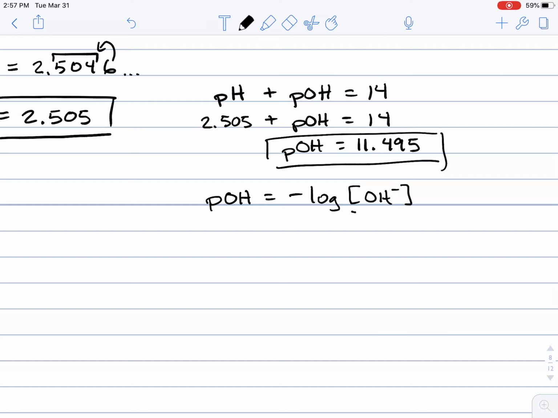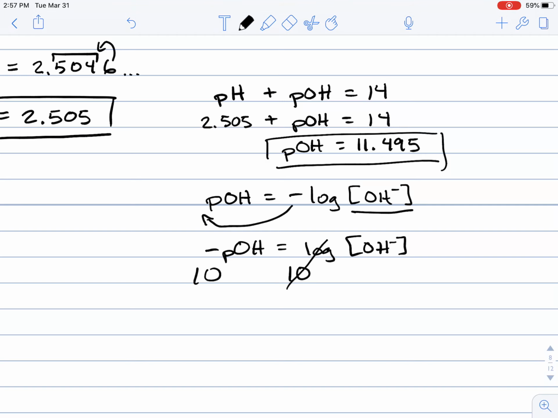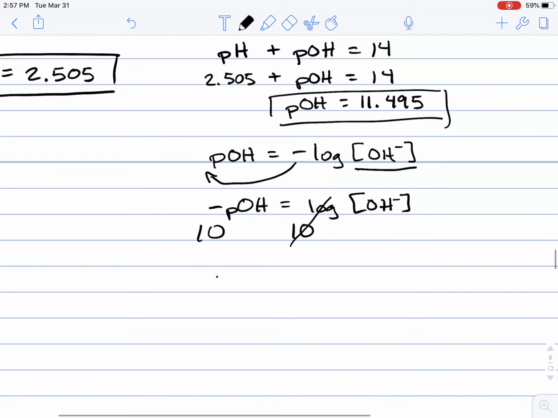If I solve for this specific variable, we need to move the negative to the other side. So negative pOH equals the log of the concentration of OH minus. Then we take the base 10 of both sides, giving us an expression stating that 10 to the negative pOH gives us the concentration of the hydroxide ion at equilibrium.